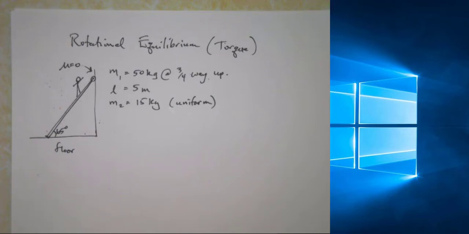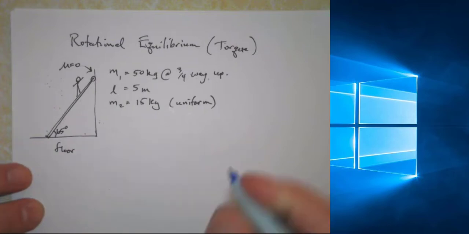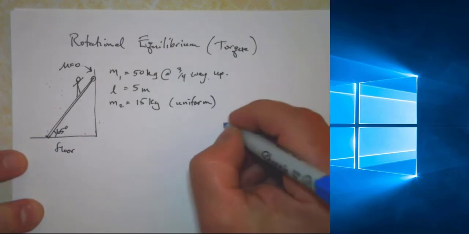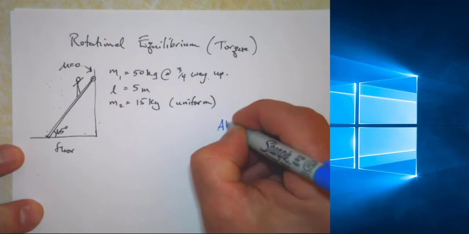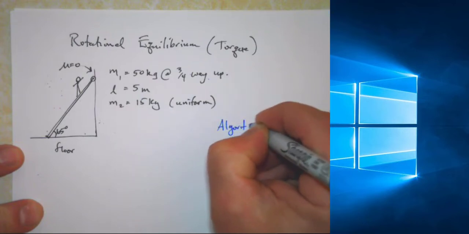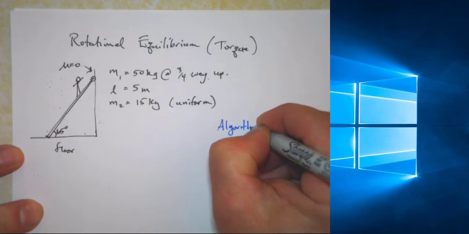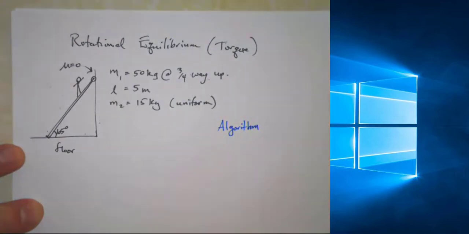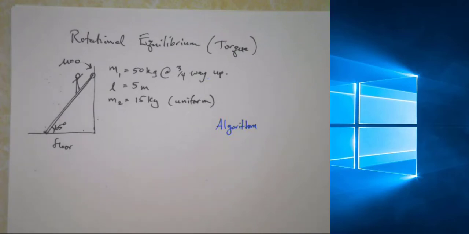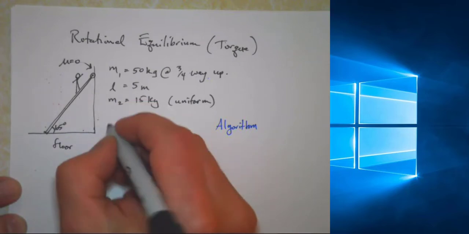Alright, so we established an algorithm in class. That algorithm read as follows. Remember that an algorithm is a set of steps that we follow in order to find ourselves standing in front of answers. Before I actually head any further than that, I just want to state the question.